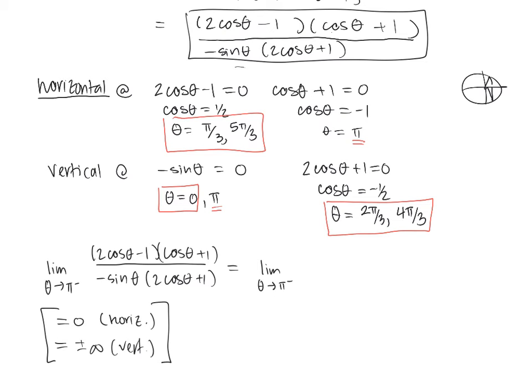So looking at this ratio, there are certain parts that don't go to 0. Which part in the numerator doesn't go to 0 when you plug in pi? Does 2 cosine theta minus 1 go to 0 when you put in pi? No, okay. Does cosine theta plus 1 go to 0 when you plug in pi?